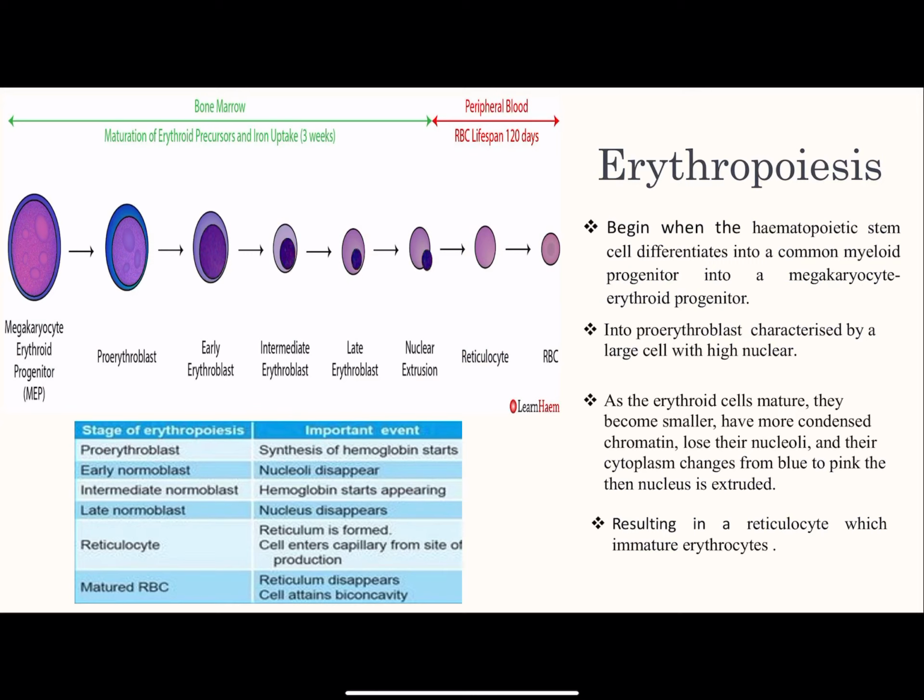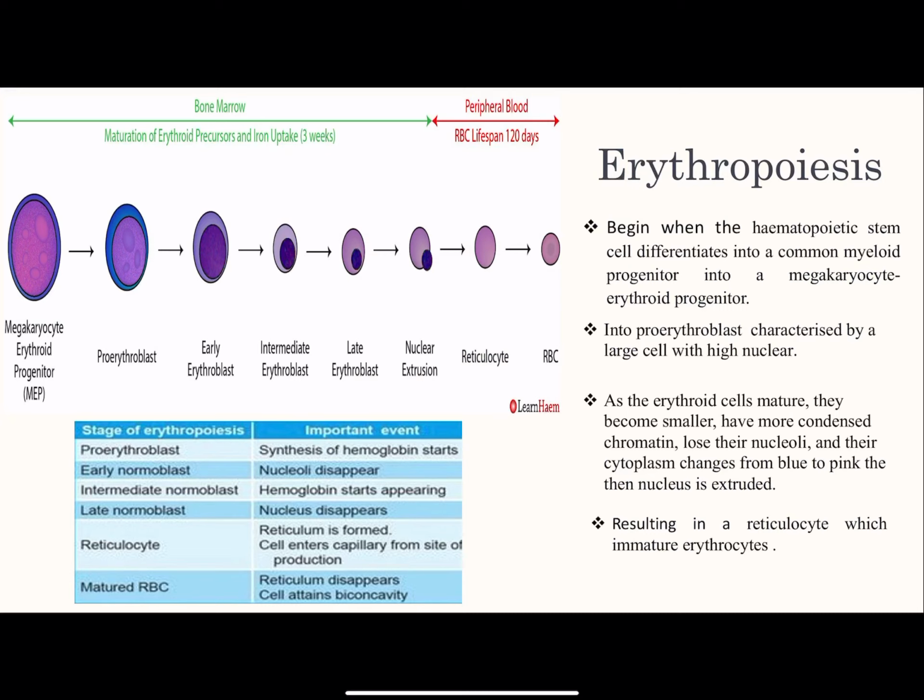Then the erythroblast will lose its nucleus, and its cytoplasm will change from blue to pink. This will give the reticulocyte. The reticulocyte is the immature erythrocyte. It looks a little bit like the red blood cell, but it's not.